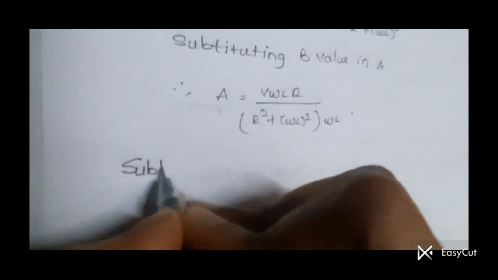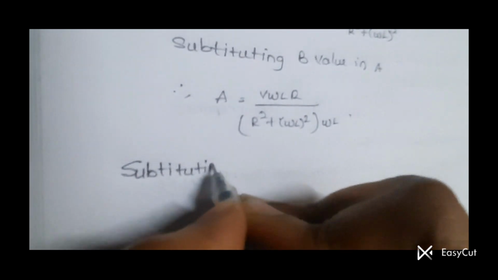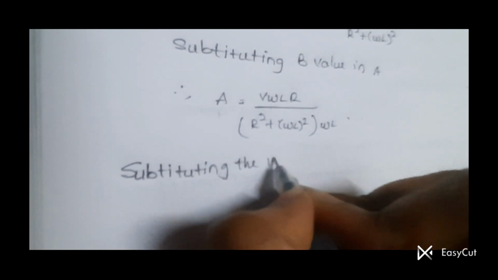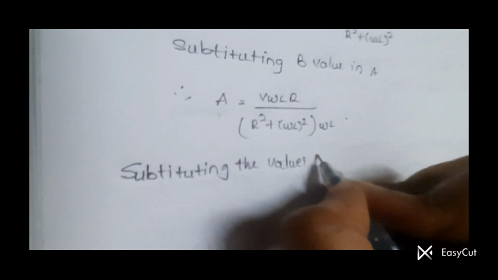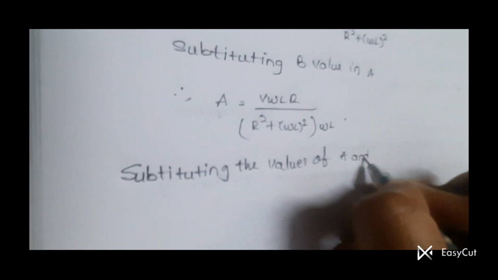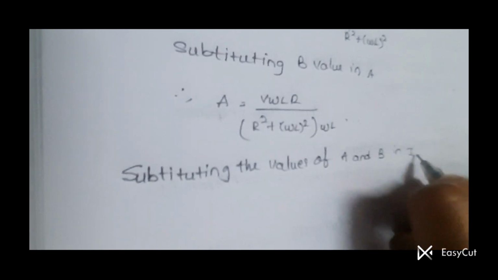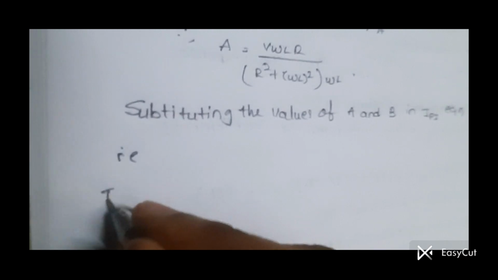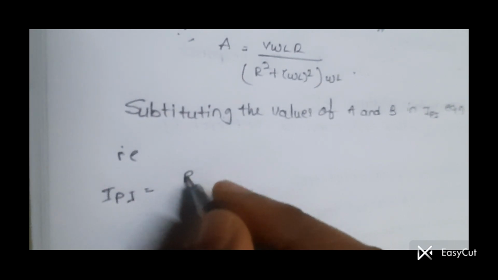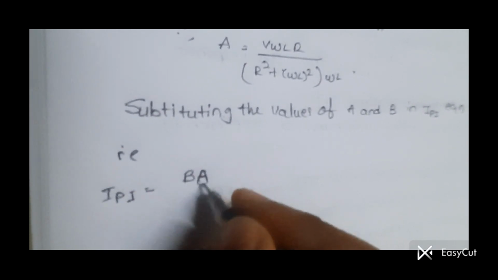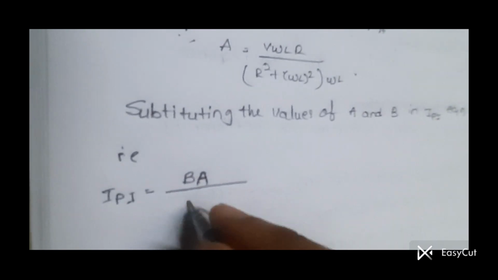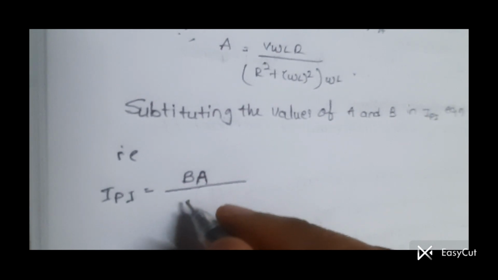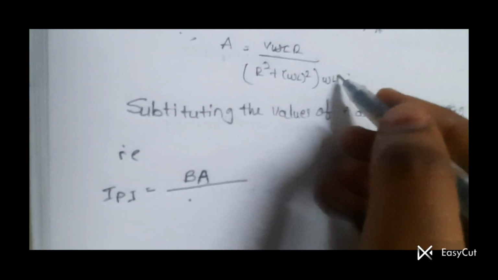Now substituting the values of A and B in the IPI equation, we get IPI equals, what is A? Here this gets cancelled.